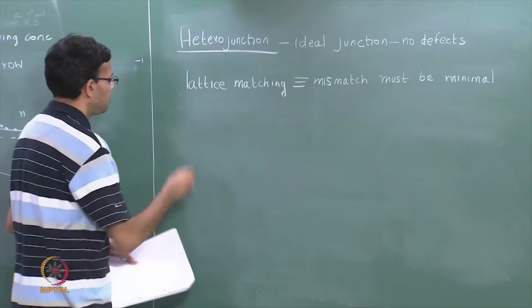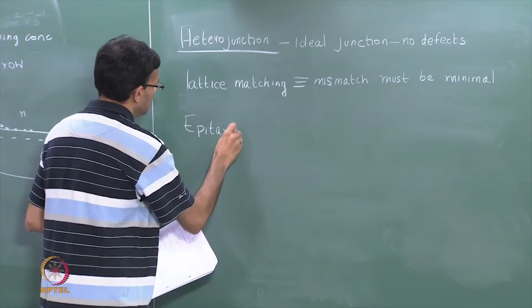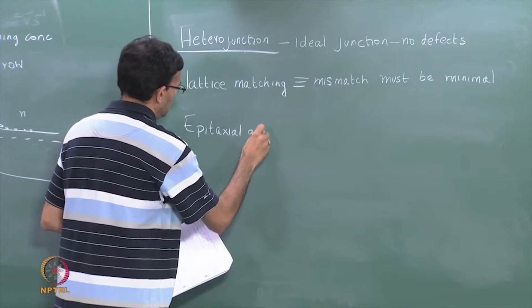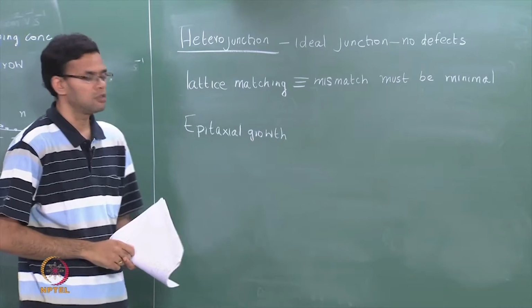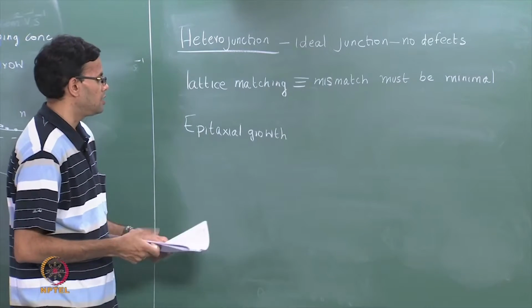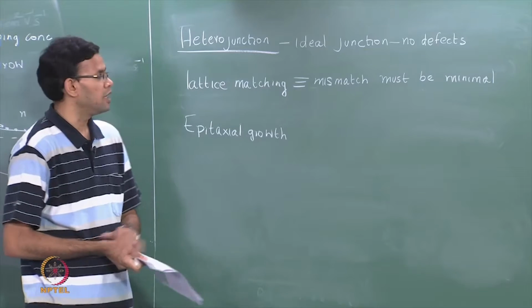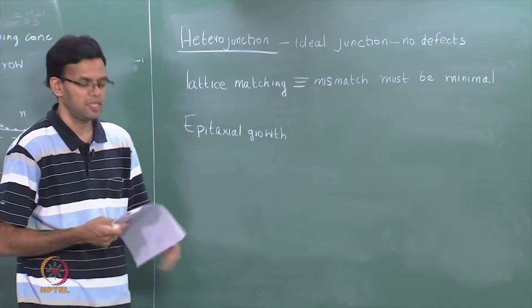So, if you look at epitaxial growth, in the case of epitaxial growth, the layer you are trying to grow has the same lattice constant as that of the substrate, so that if there is a lattice mismatch, there is an inherent strain in the material.